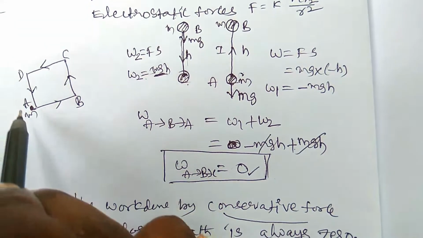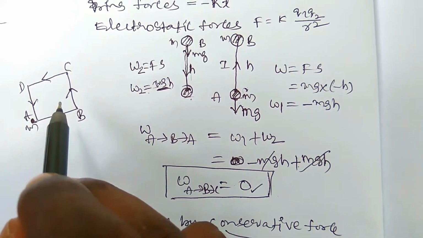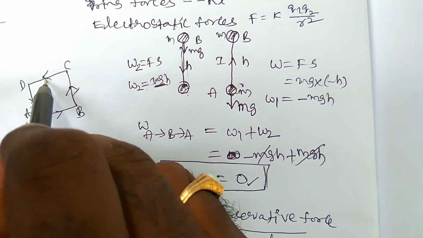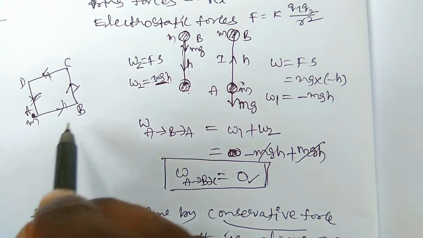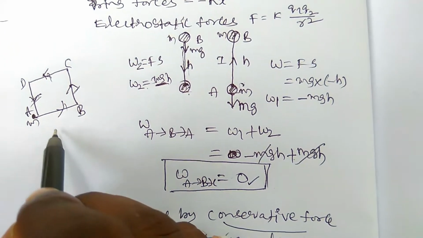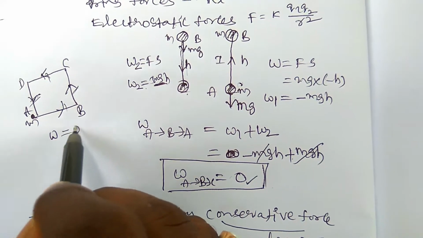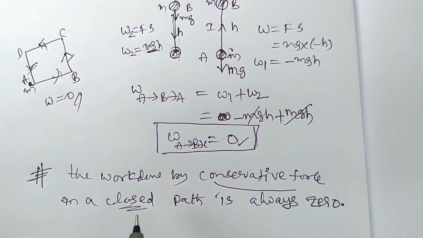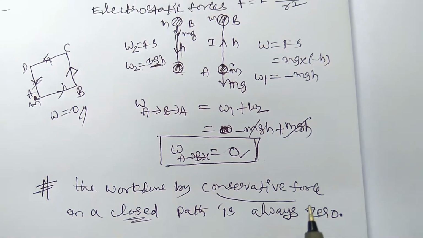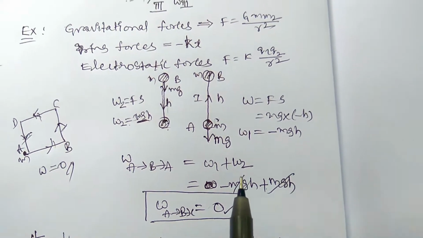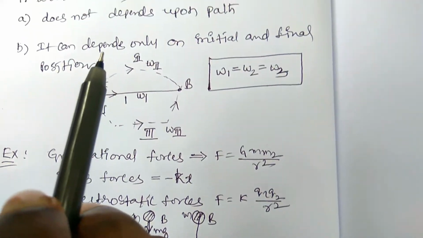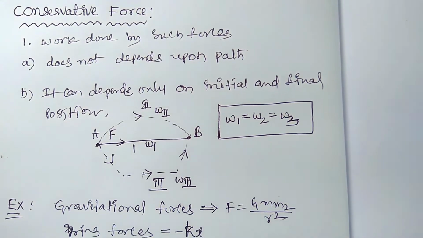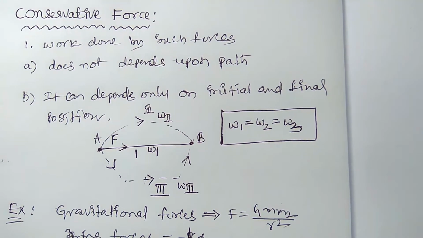Here the work done is also the same, because these two are cancelled out, the directions are opposite by the net force. Then the final work done should be equal to 0. The work done by a conservative force in a closed path is always 0. So this is the most important point for conservative forces, right? You have to remember that.